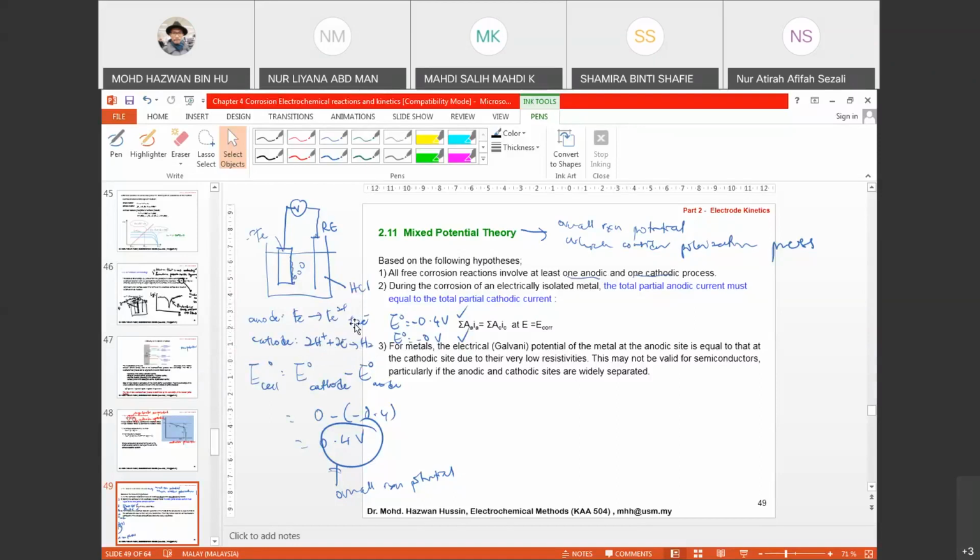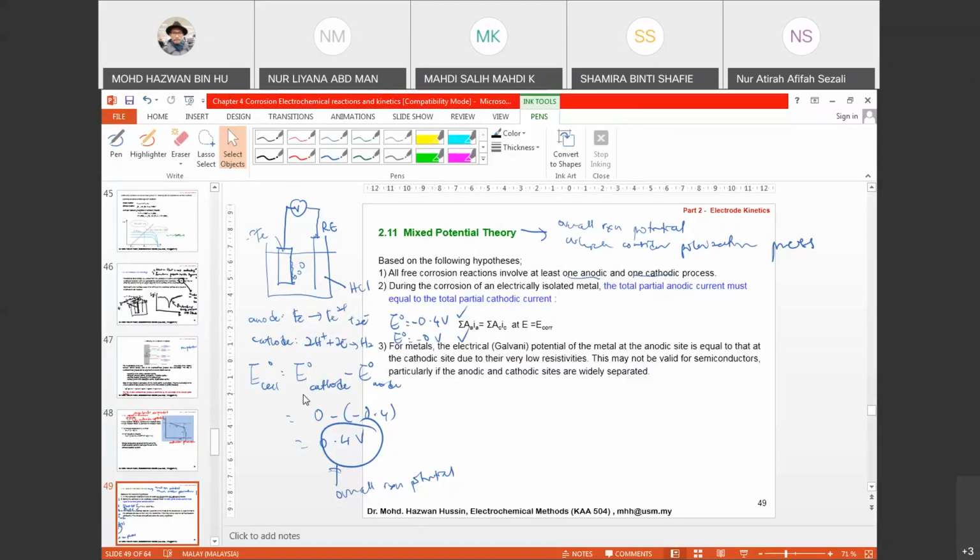Each individual species, like iron and hydrogen, has its own potential value. For example, for iron, the standard potential is -0.4 volts. Meanwhile, for hydrogen, the standard potential is 0 volts.